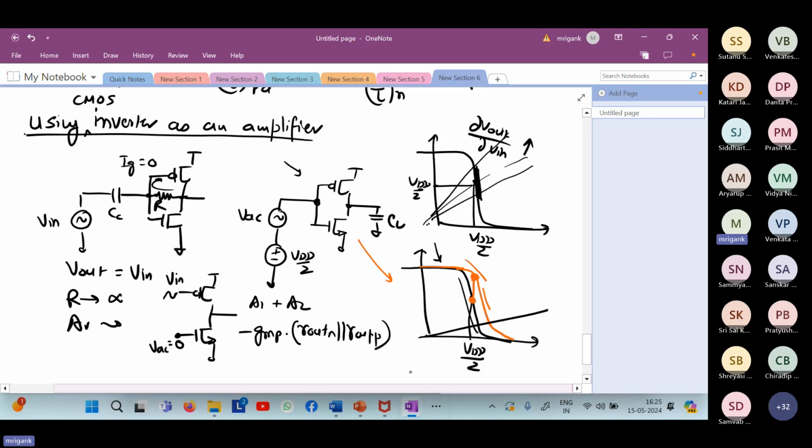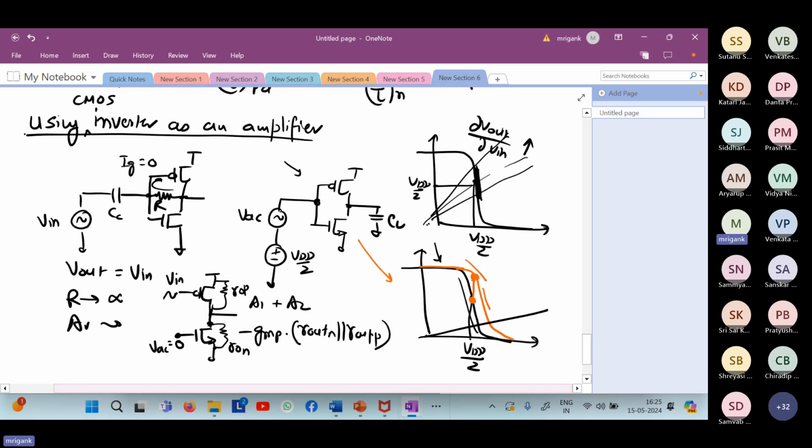This part you should be clear on, because for a common source amplifier, how will you draw the small signal model? Ultimately, you will get R out P between drain and the AC ground. This is VDD, but AC ground. And likewise, you will get RON, which is also between output and AC ground. So ROP and RON come in parallel, because both of them are between output and AC ground.